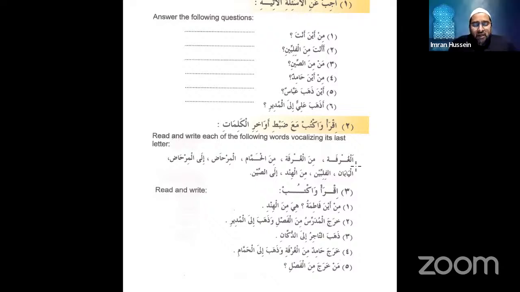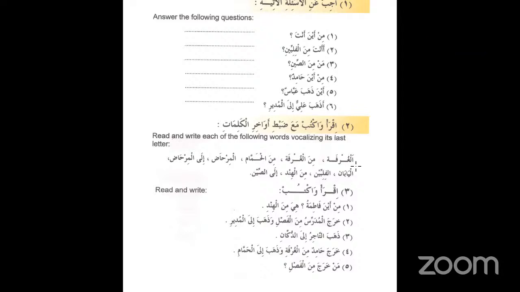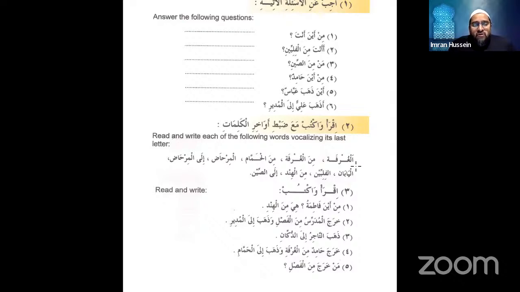Naam, yes, Ali went to the manager. But if you want to say no, Ali went to the masjid, how would you say that? La dhahaba Aliyun ila al-masjidi. You need the verb. Correct.